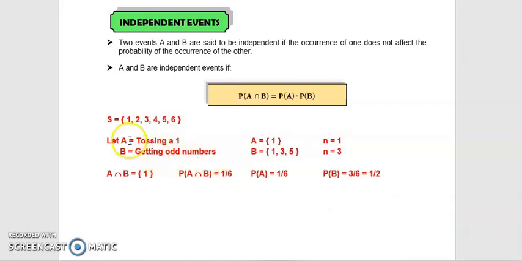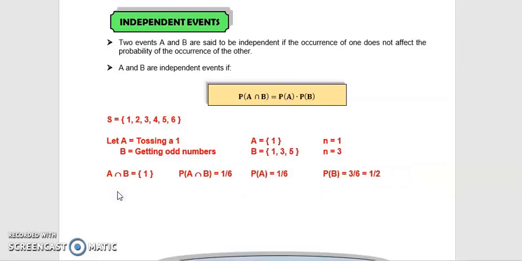How to determine whether A and B are independent or not? Probability of A intersect B is 1 over 6. Probability of A is 1 over 6, since A has one element only and the total sample space is 6. And probability of B is 3 over 6, or half.